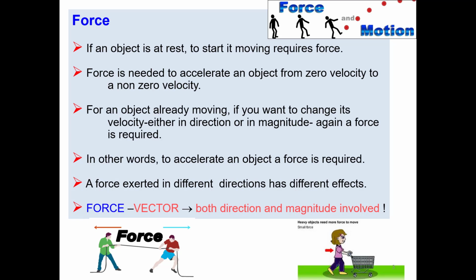In other words, to accelerate an object, a force is required. When we apply the force in different directions, we have different effects, and this is why force is a vector. Because force is a vector, both magnitude and direction are involved.